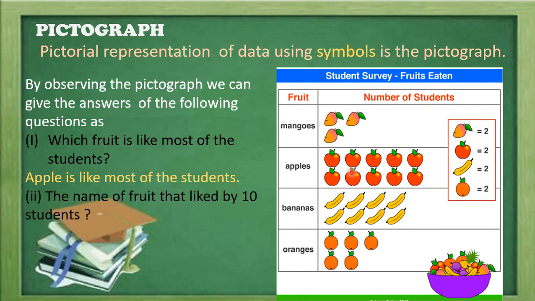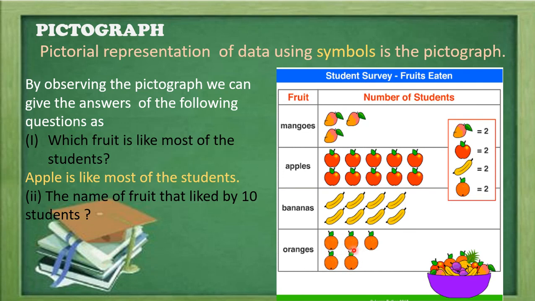Similarly, when we talk about the name of the fruit that is liked by 10 students, here one orange image represents 2 students. So that means we can say 1, 2, 3, 4, 5. 5 orange images are here.